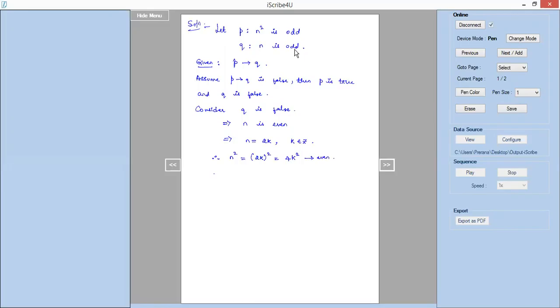So we arrived at, if you observe, P is false. What was P? We had assumed that n square is odd. Now we have arrived at n square is even. So we can conclude that P is false. So this is a contradiction to the assumption that P is true.